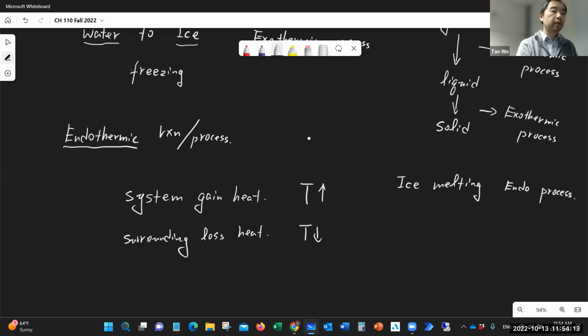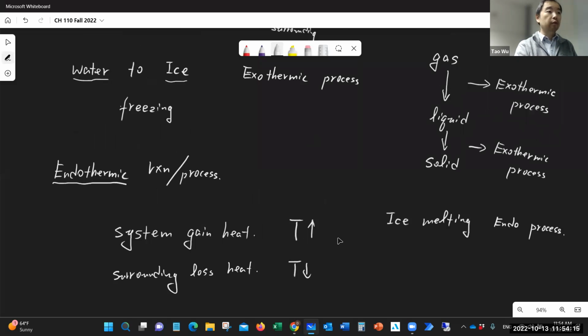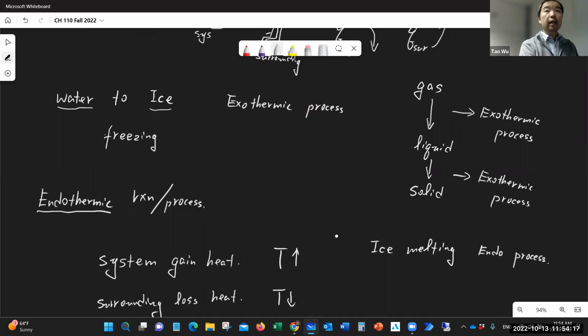In other words, going from a higher energy state to a lower energy state is exothermic.